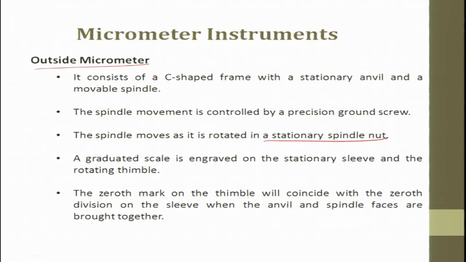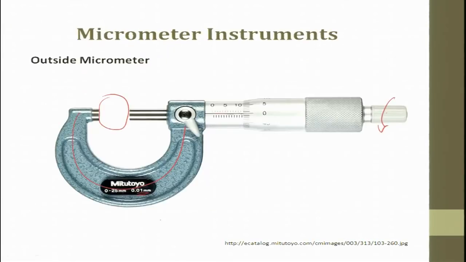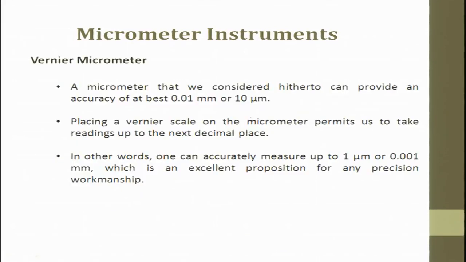The 0th mark of the thimble will coincide with the 0th division of the sleeve when the anvil and the spindle faces are brought together. So, before you start measuring, you are supposed to bring these close to each other and see whether this 0 matches, so that you get the 0. If not, you note down the error and do the correction.